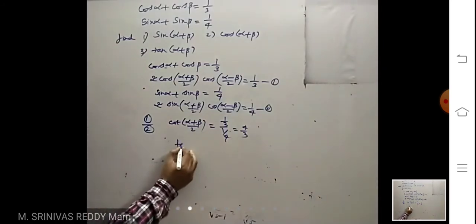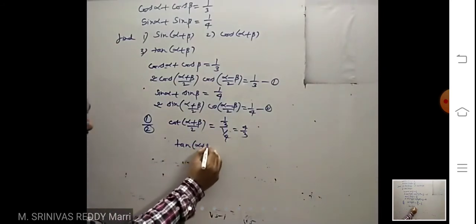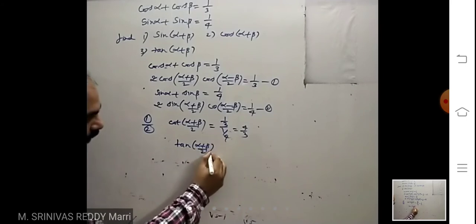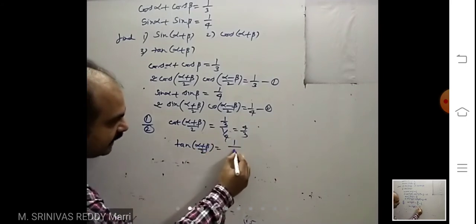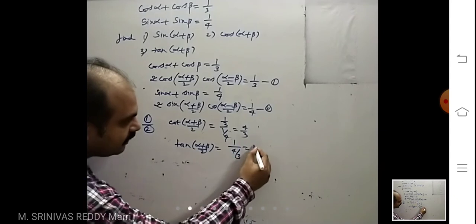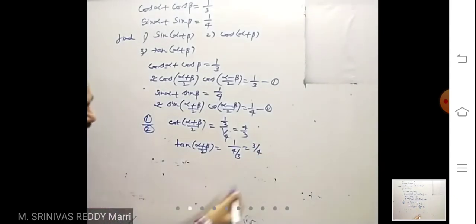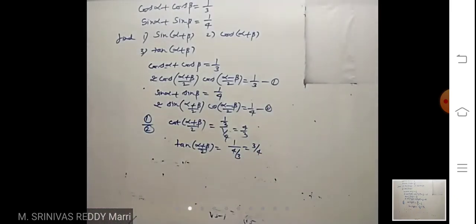If cot is known, tan is 1 by cot, that is nothing but 3 by 4. Now you know tan of (alpha plus beta) by 2.